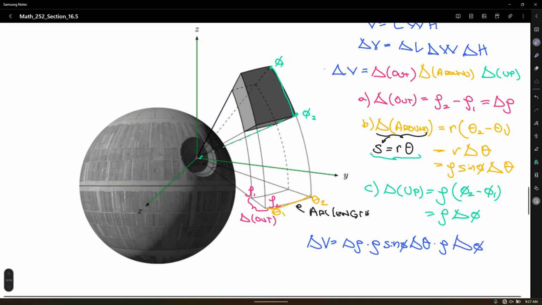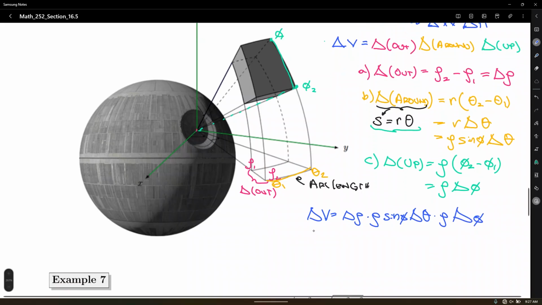All right. Putting all this together, delta v equals rho times rho.